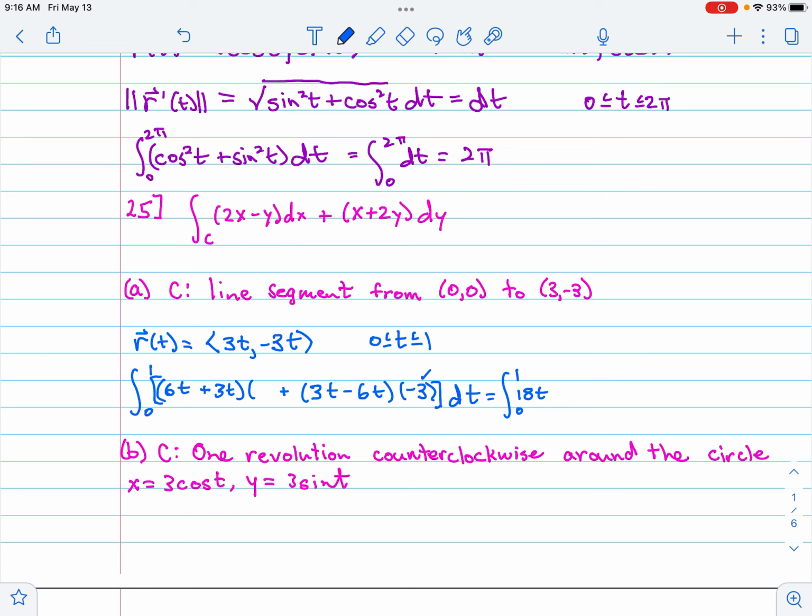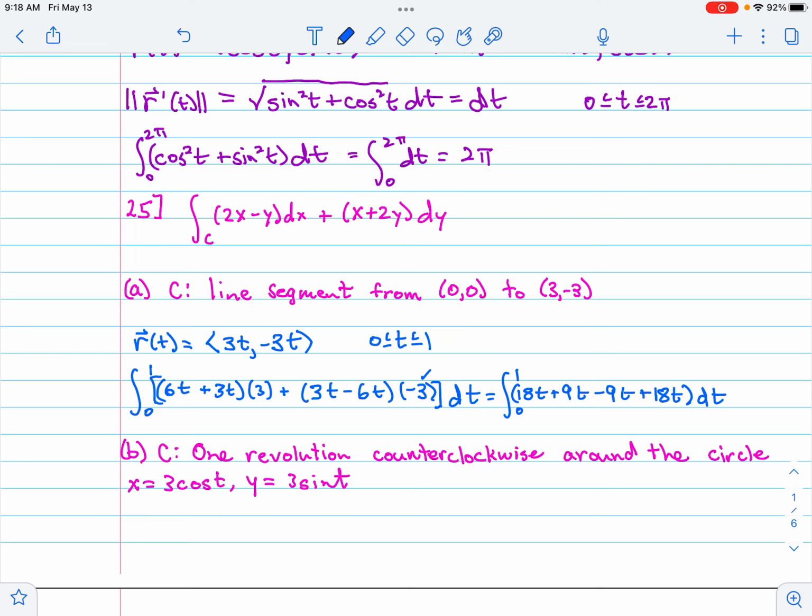And this is times 3. Yeah. So that's 18t plus 9t, and then minus 9t plus 18t dt. And there we go.